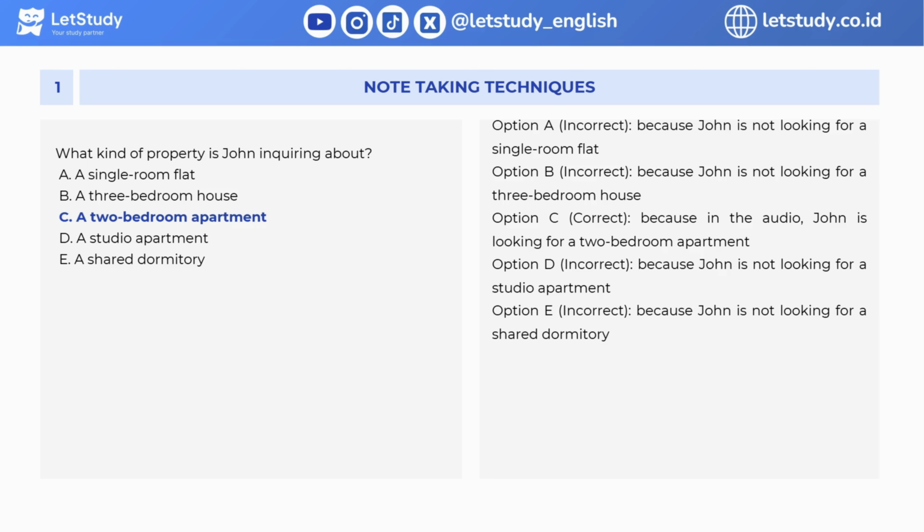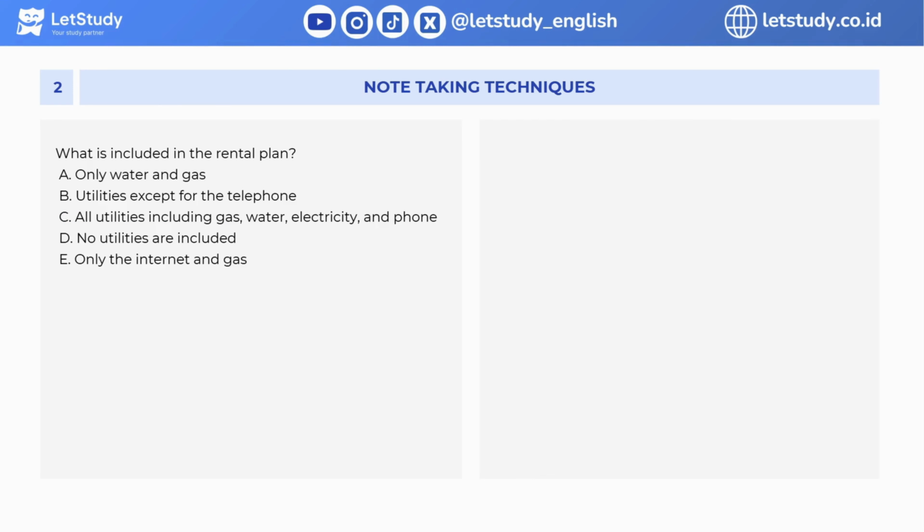Next, second question. What is included in the rental plan? A, only water and gas. B, utilities except for the telephone. C, all utilities including gas, water, electricity, and phone. D, no utilities are included.